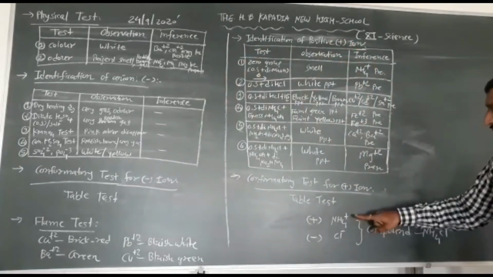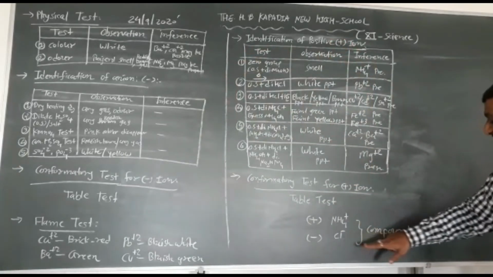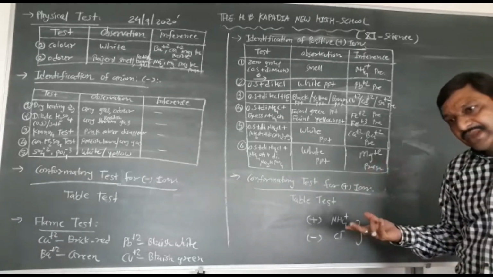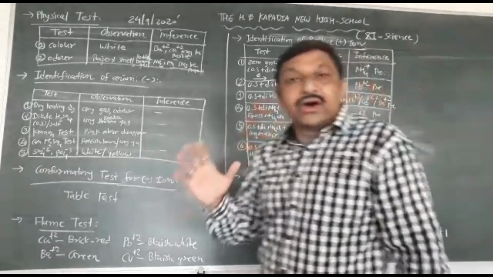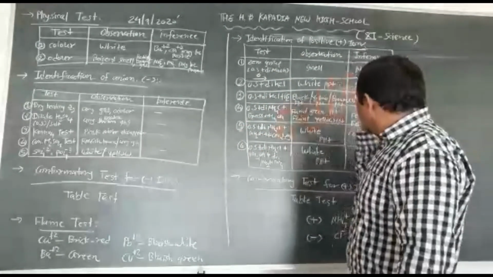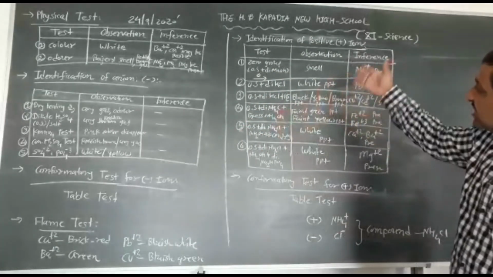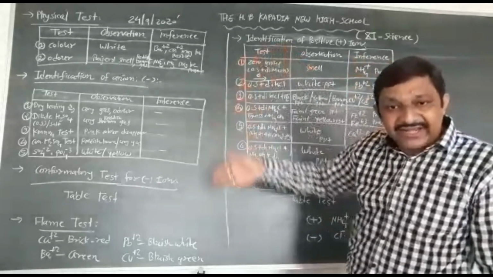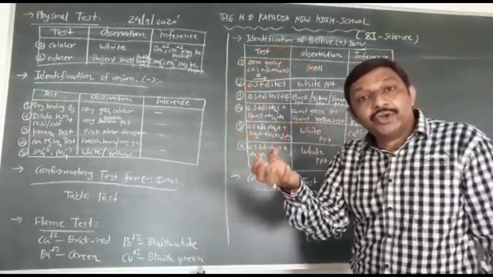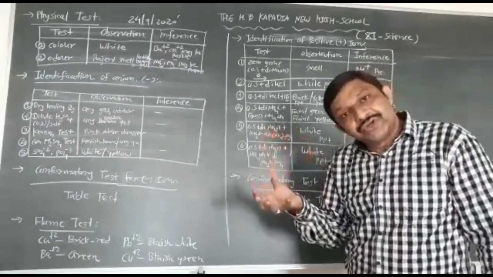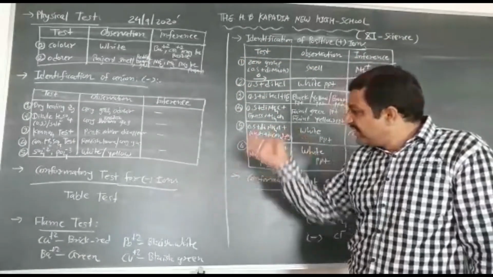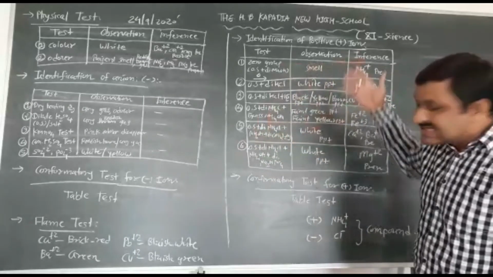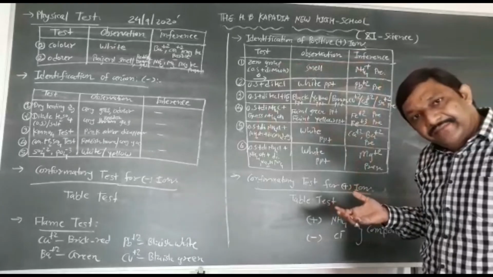For example, NH4+ and Cl-, so your compound is NH4Cl. Clear? So here is one method to find out positive ion and negative ion in any unknown salt or solution. You will find out your compound through this method. Okay, thank you.